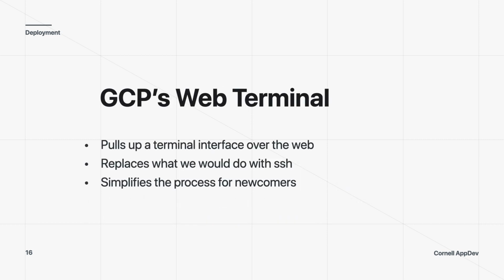So in this course, however, we're going to skip over this SSH business because it's a lot easier to just use Google Cloud's web terminal, and this is just some command prompt that opens up over the web.